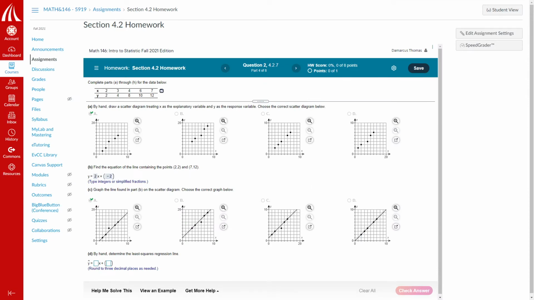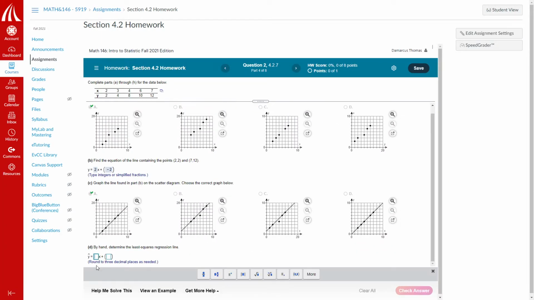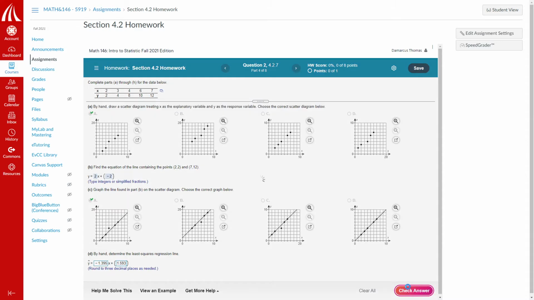They actually wanted me to round it off to 3 places. So we can do that. It's going to be negative 1.395x plus 1.953. Let me double check that.